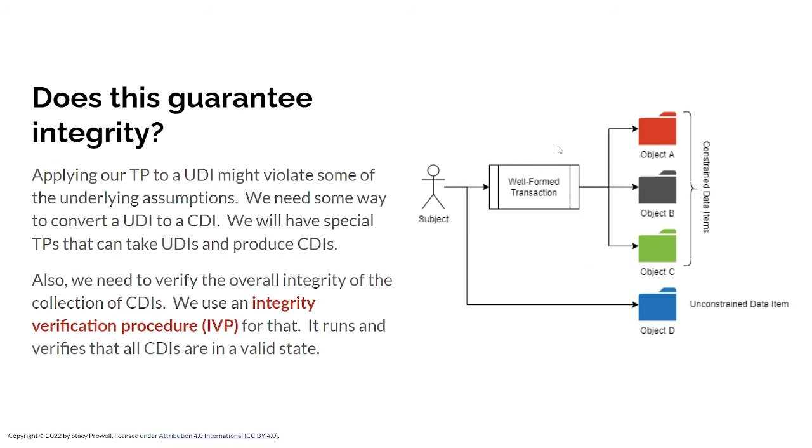And so applying a transaction procedure to an unconstrained data item could violate the assumptions. So what we'll instead do is we will create special transactions that can take an unconstrained data item and produce a constrained data item from it. So we take this in, we make some guarantees about it, and then yield one of these. And that way we can get new data in, and we can work with the unconstrained data items as we need to.